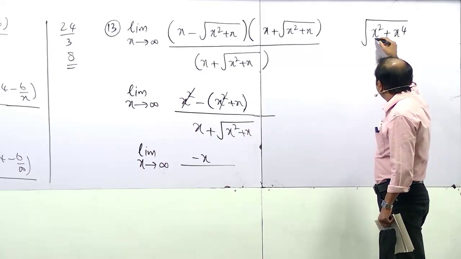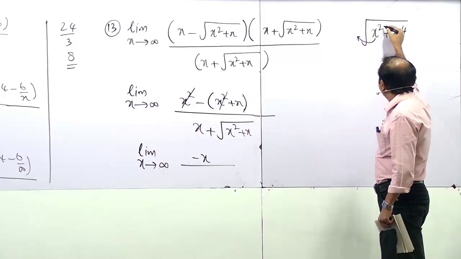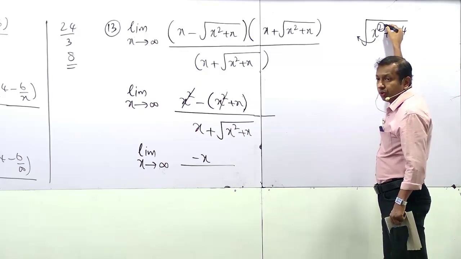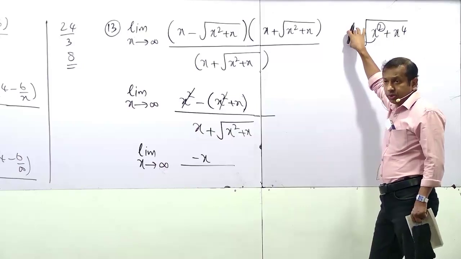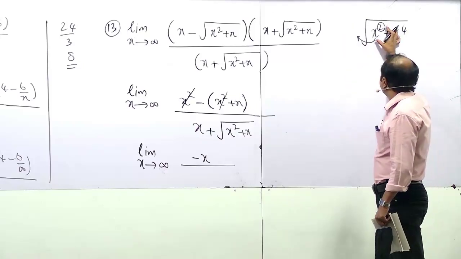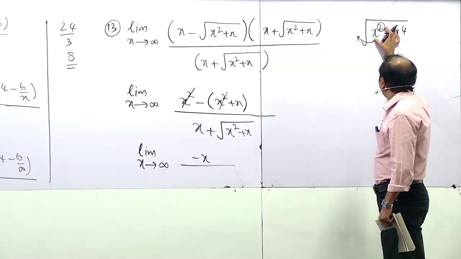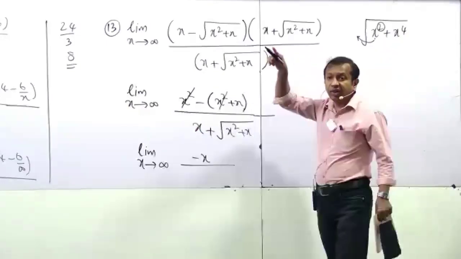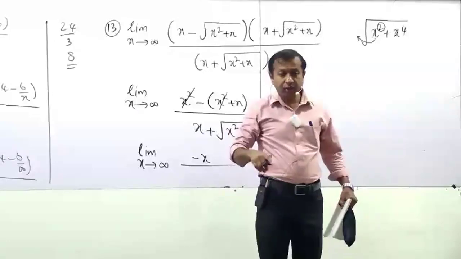Remember, once you bring something out from a square root, its power should be divided by 2 outside the square root. Okay. Then of course, once I take this x squared out, the power is divided by 2.